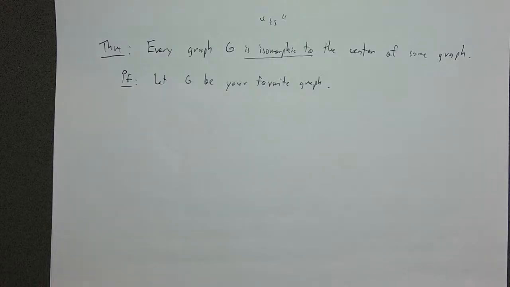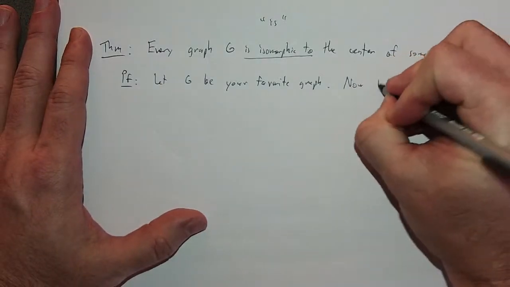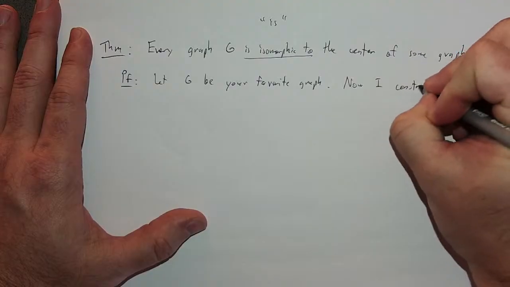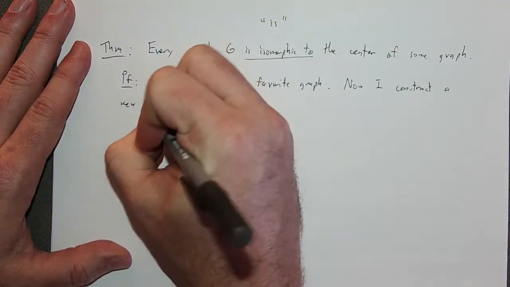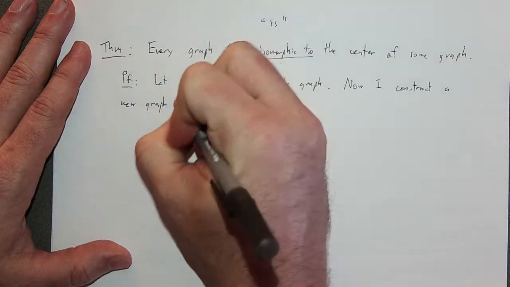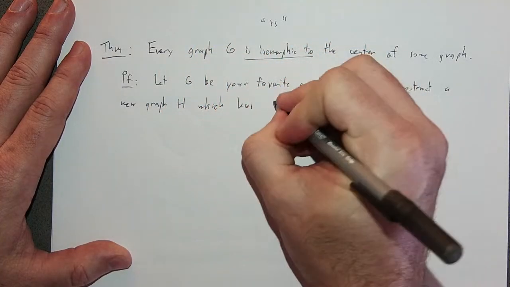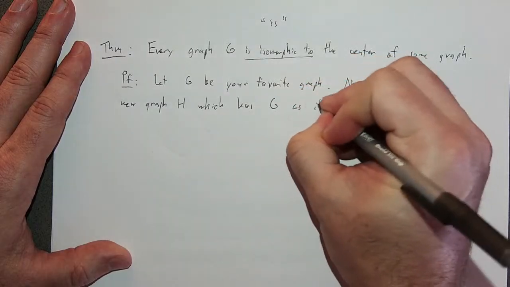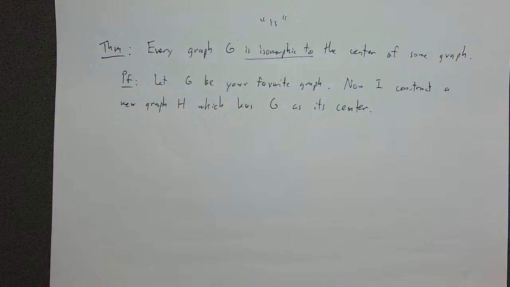Now I construct a new graph H, which has G as its center. How do I do this?